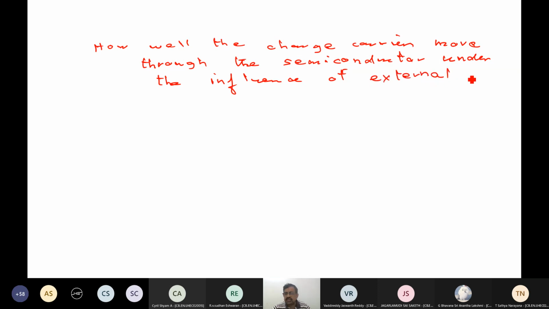So the measure of the ease of the electron or hole flow is given by what is known as mobility.